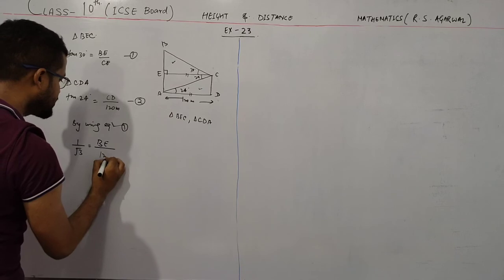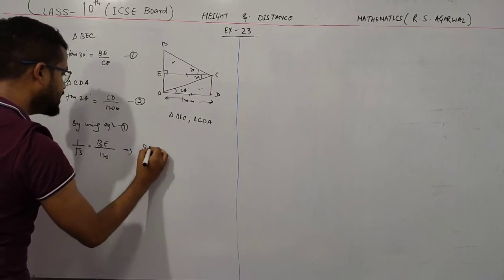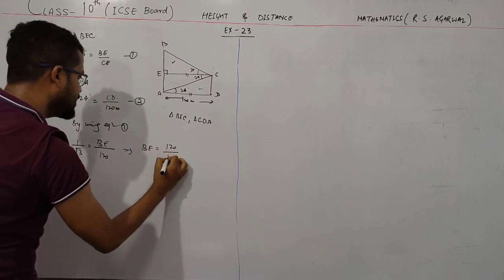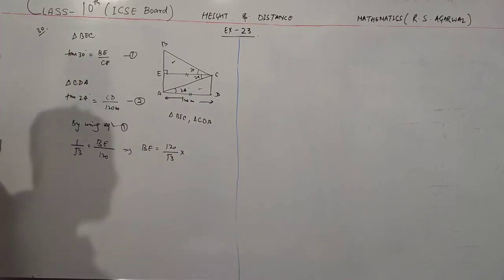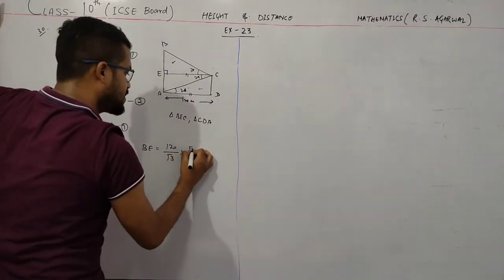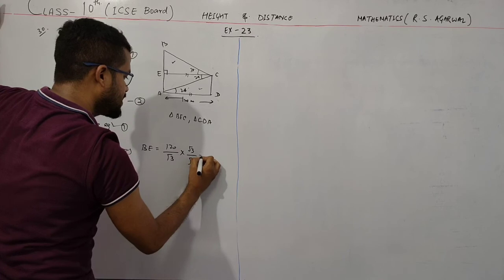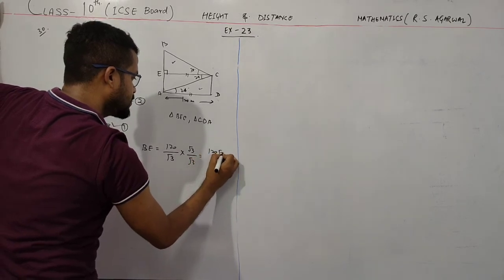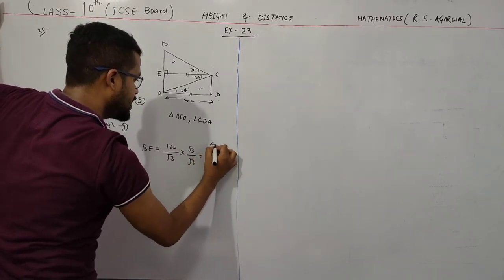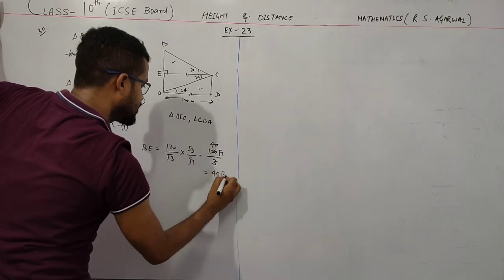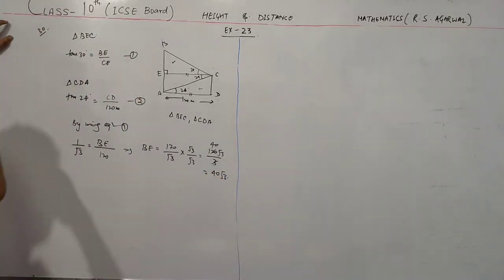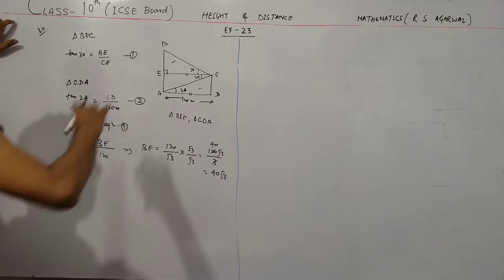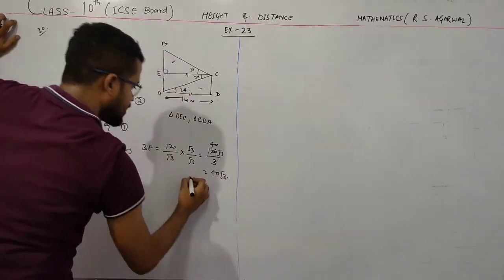So I write here 120. So BE is equal to 120 by root 3. Now we need to rationalize this. So simply multiply and divide with the same number. So this is 120 root 3 by 3, which is 40 root 3. Okay, 40 root 3.